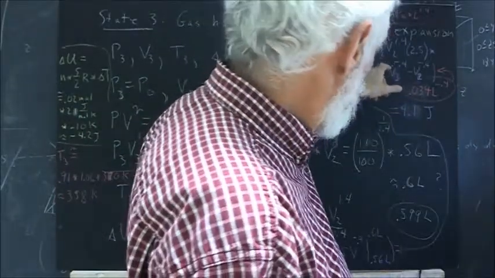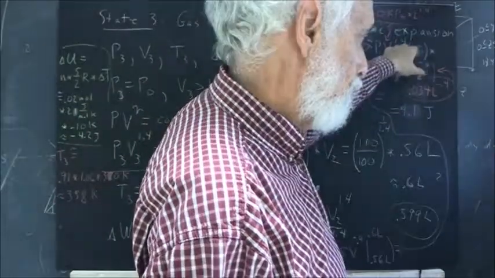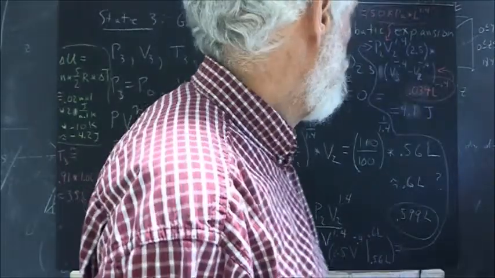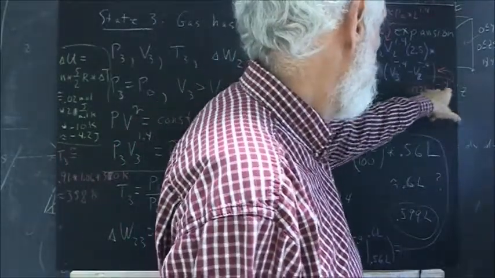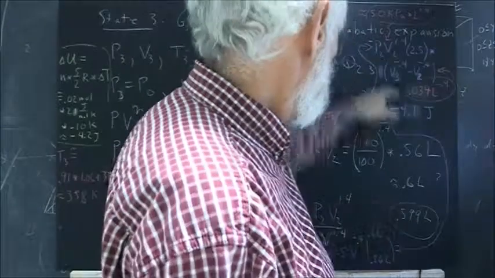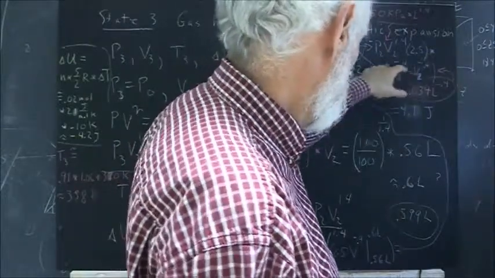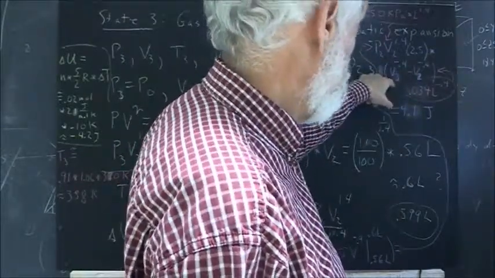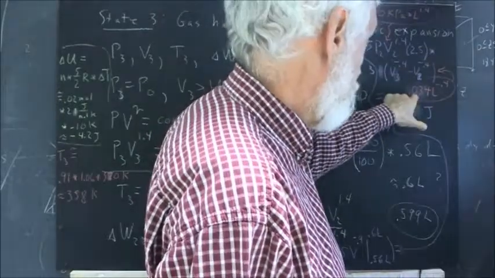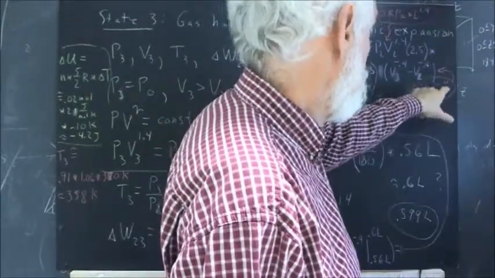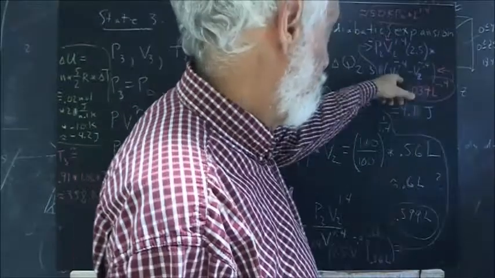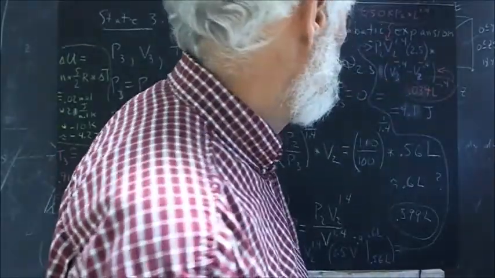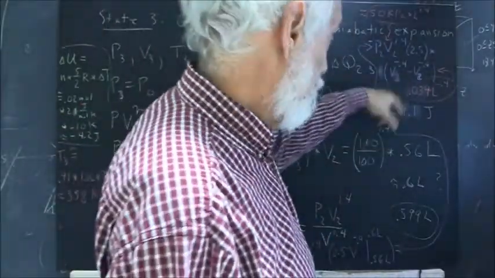On the V3 to the negative 0.4 minus V2 to the negative 0.4, our units are going to be liters to the negative 0.4. If you put in the 0.56 liters for V2 and the 0.6 liters for V3 and do the numbers, you get approximately 0.034. That's liters to the negative 0.4. I didn't do that one in my head. I relied on Excel to do that calculation for me.